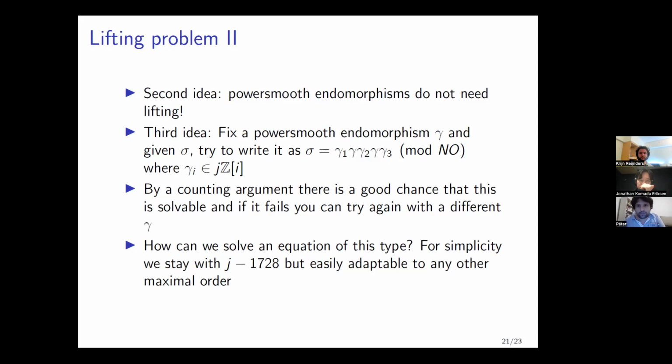So why do you hope that this will work? The reason this will work is mainly a counting argument. You actually don't need to lift exactly. It's fine if you lift up to a scalar, and then basically you have n cubed different things to choose from. What you hope for here is that you have the same number of things on the right-hand side that can occur on the left-hand side.